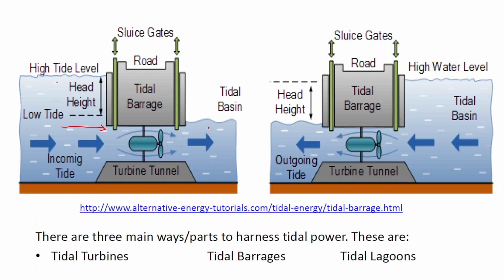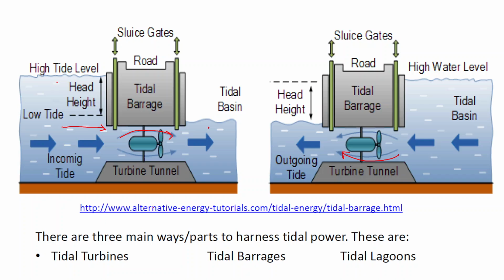And likewise in the ebb current, when the water goes back from the beach to the ocean, this turbine will rotate in the other direction. If here it rotates in this direction, then in the ebb current it will rotate in this direction, and in the second cycle also produce electricity.